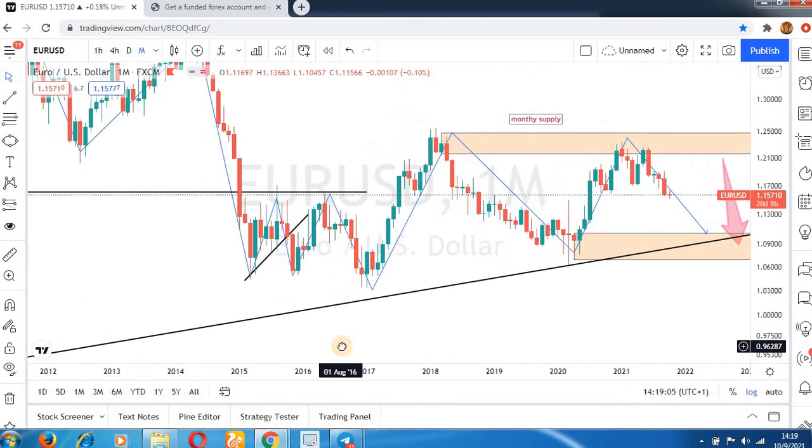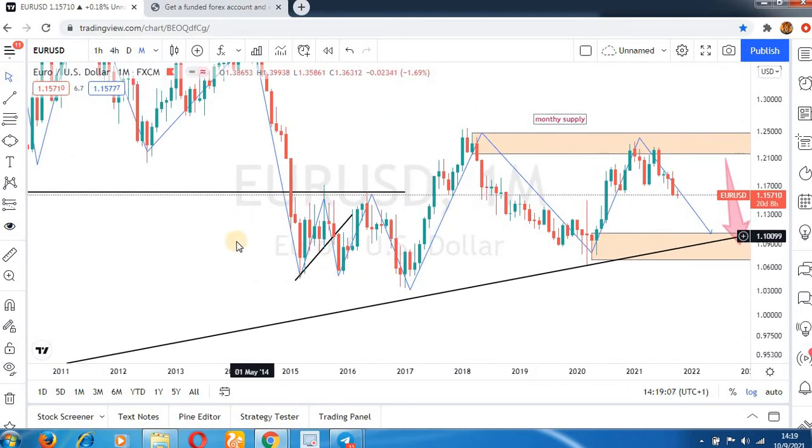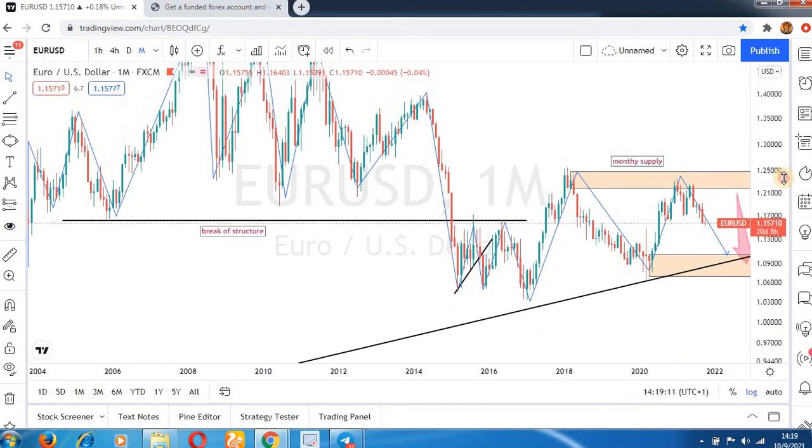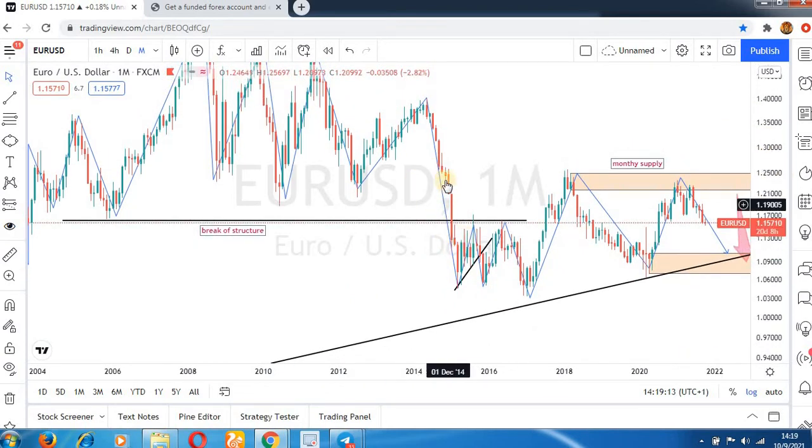So let's look at this. So now what happens? What really happens? Anytime there's a break of structure, it is the bank, especially when you see this move. If you remember what I explained about demand and supply zones, before a break of structure, the banks give this indication. If they want to sell 100,000 units, they may just dump 10,000 units to create this break of structure, to give that illusion in the market.